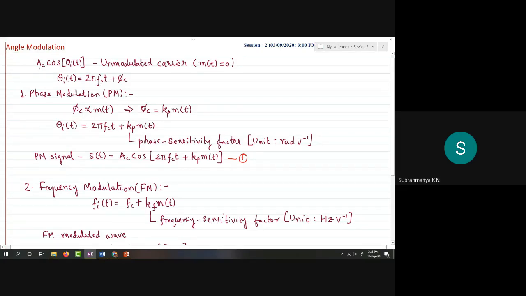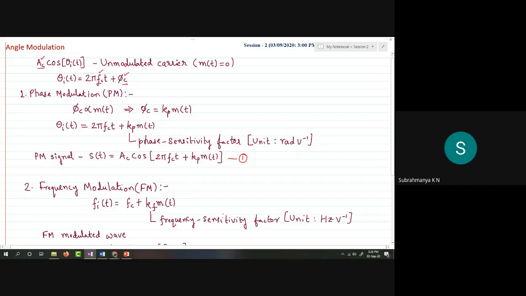This is the amplitude of the carrier, this is the frequency of the carrier, and this is the phase of the carrier. So these are the three parameters of the carrier itself. So these parameters 1, 2 and 3 are the attributes of the carrier without any modulation.